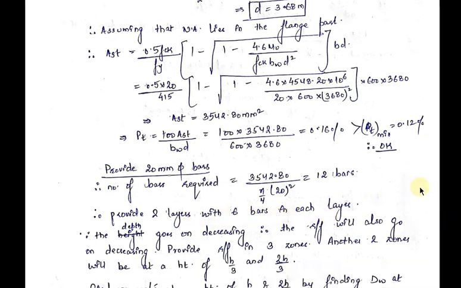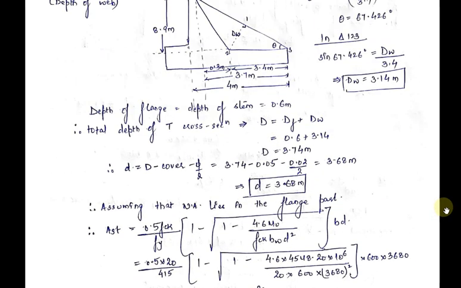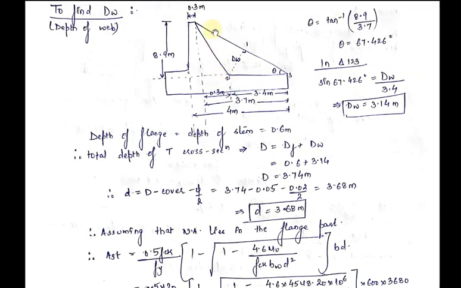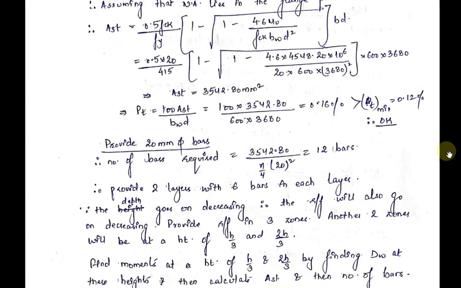Now, we know that as the height goes on increasing, the depth goes on decreasing. If you see this diagram, when we go up, the depth of this web goes on decreasing, and as the depth decreases, the bending moment will also go on decreasing. So as the bending moment decreases, the reinforcement will also have to be reduced.